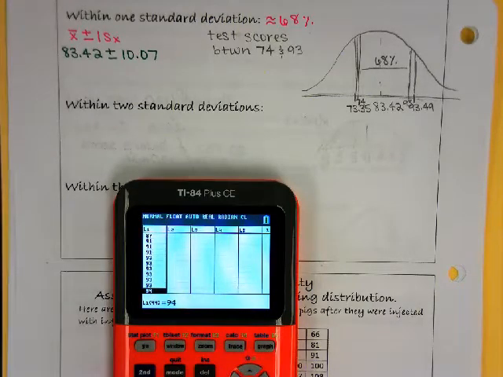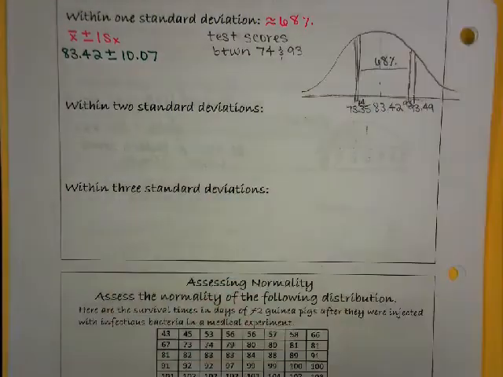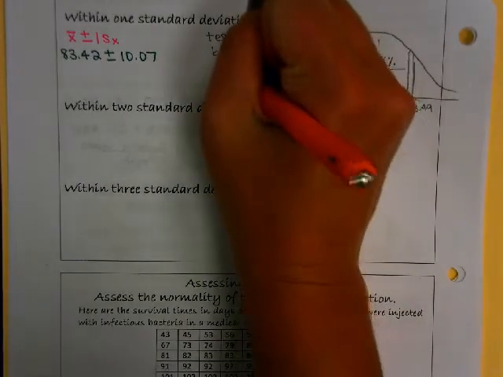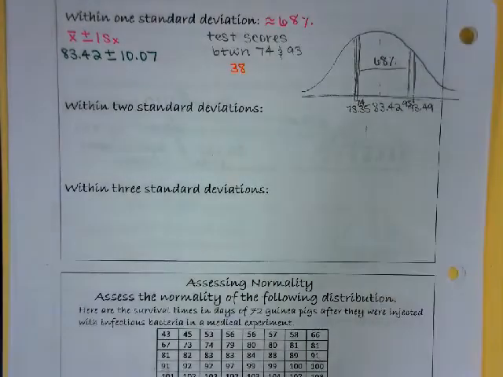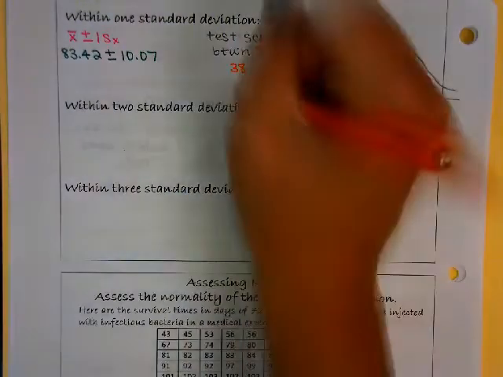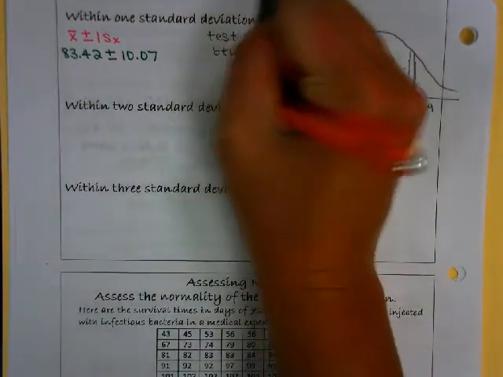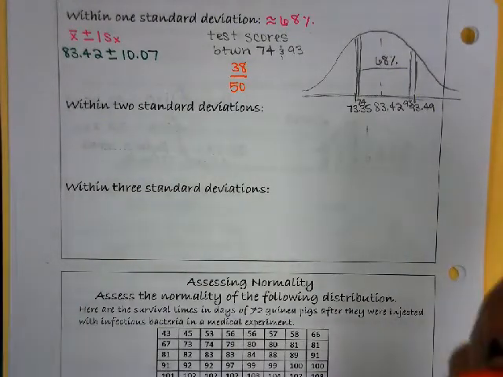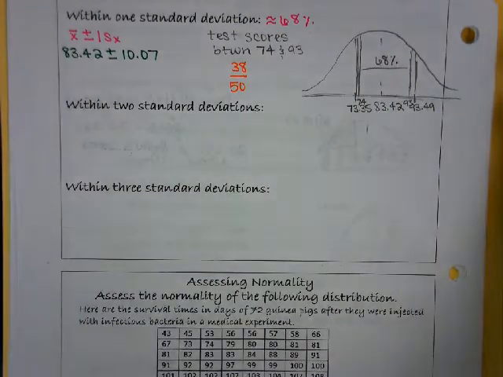How many test scores were there? 50. So what's 38 out of 50? Point what? 78. Isn't it 0.76? Oh, yeah, my bad. So 38 of the test scores are between 74 and 93.